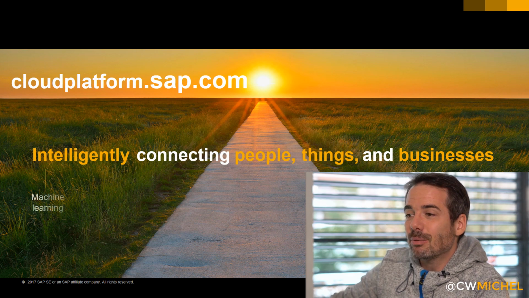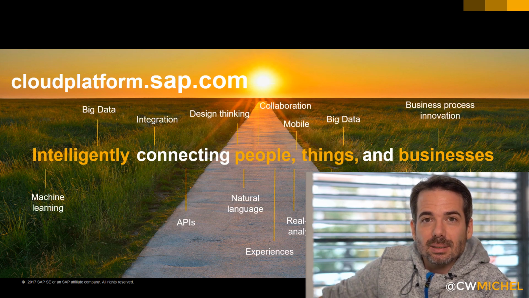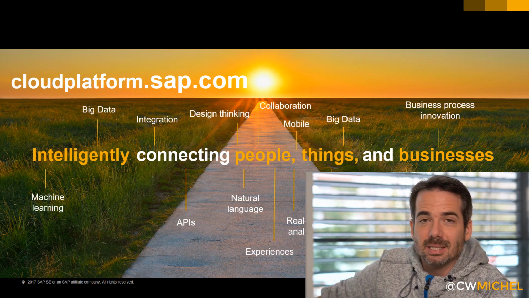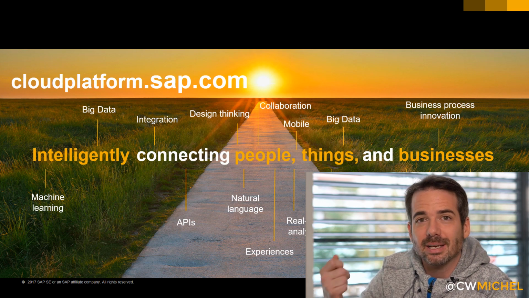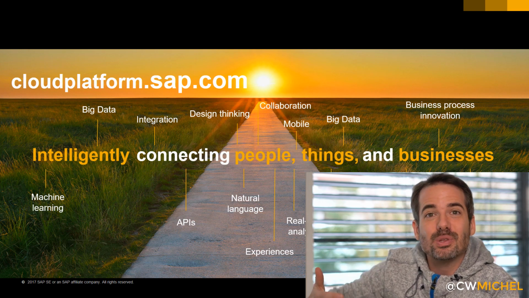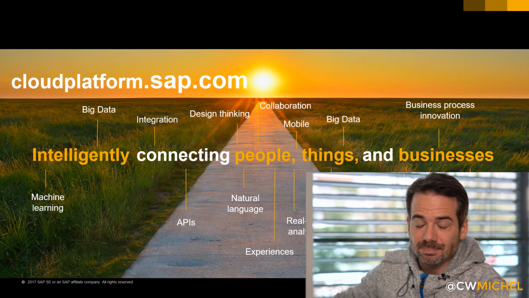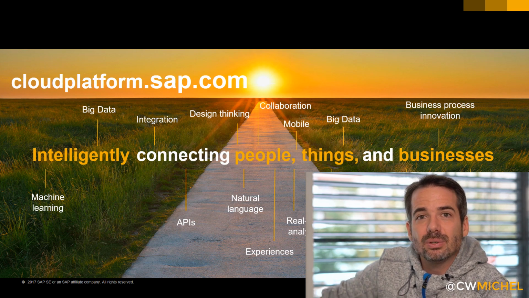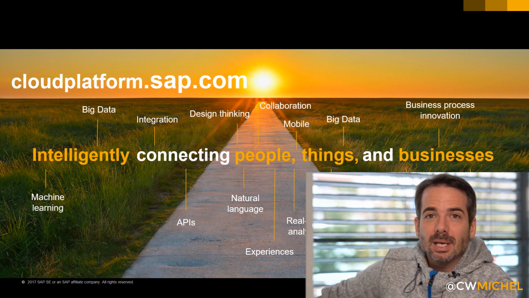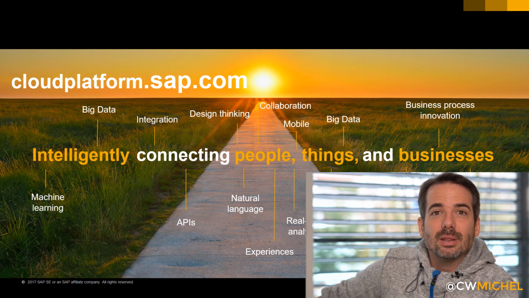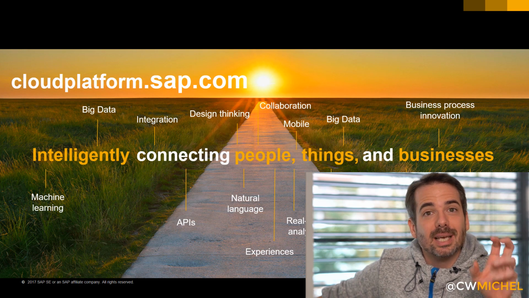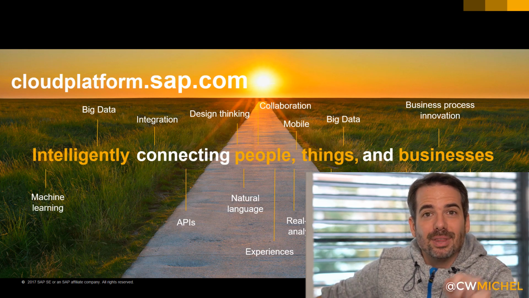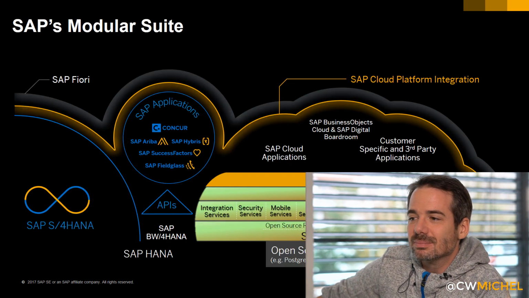This means that whenever we take a look at new developments like big data, machine learning, advanced predictive analytics, blockchain, and the things that go through the media and that seem very important, we look at those new trends, new hypes, always in regard to the relevance for business processes. That's why we look at the intelligent connection between people, things and businesses.